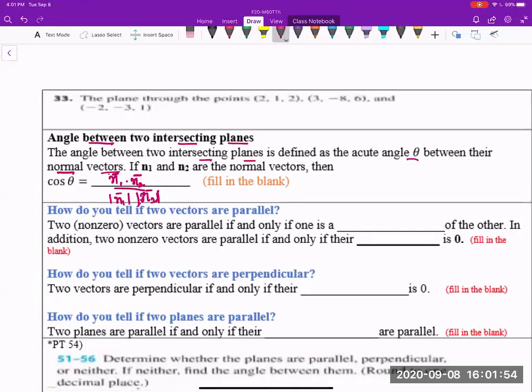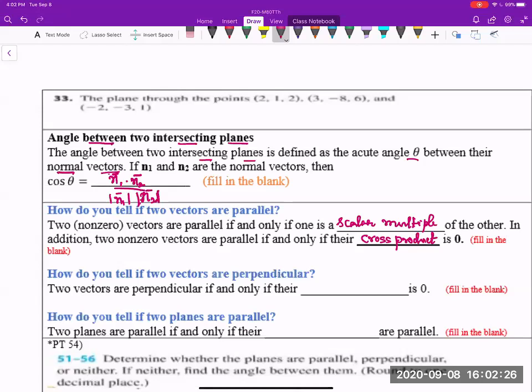How do you tell if two vectors are parallel? Two vectors are parallel if and only if one is a scalar multiple of the other. In addition, two non-zero vectors are parallel if and only if their cross product is zero, A cross B would be zero.